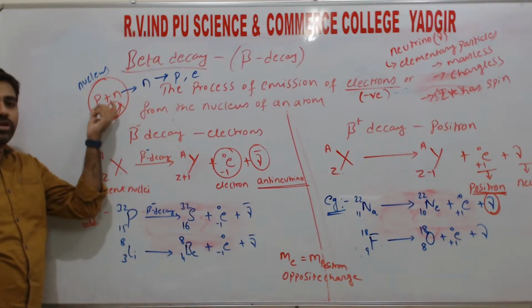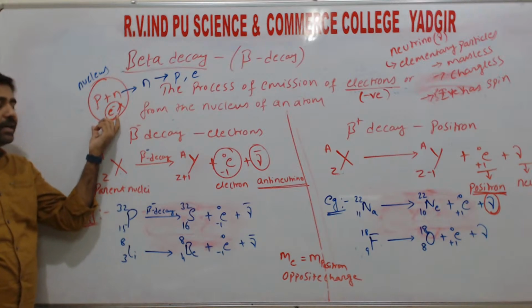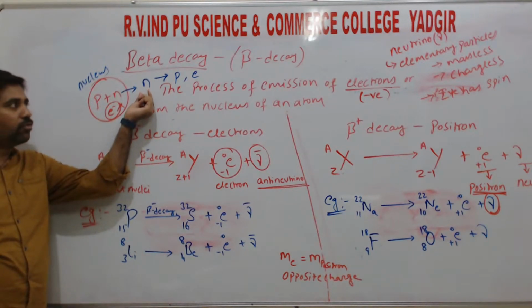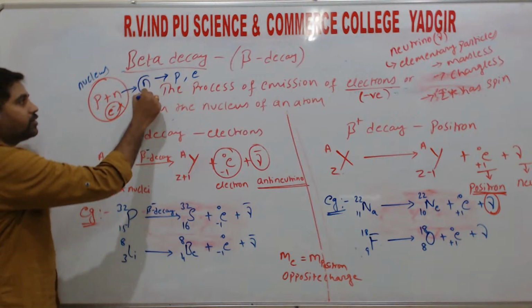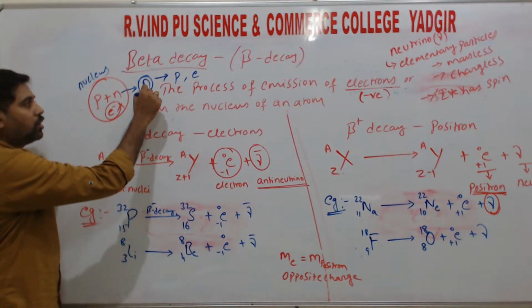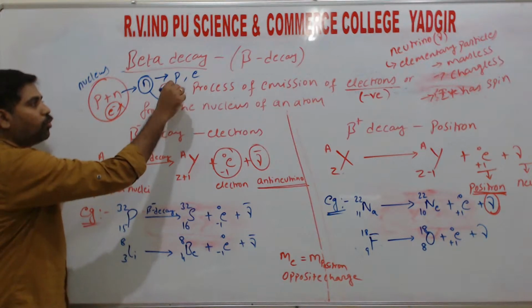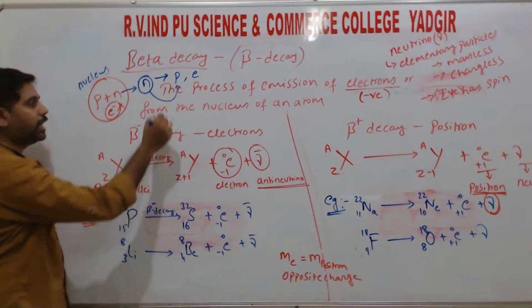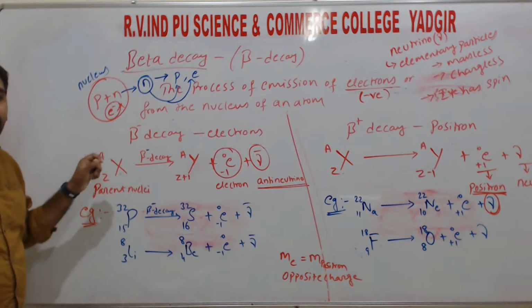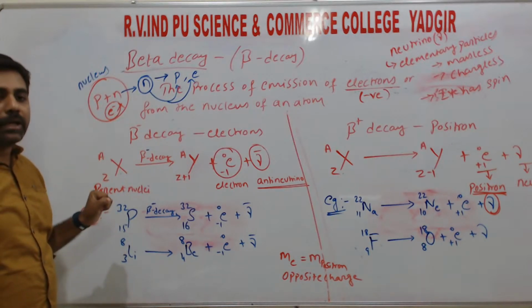The neutron is only stable when it is present inside the nucleus. Once it comes outside the nucleus, the neutron is unstable. For that reason, this neutron decays into a proton, an electron, and an antineutrino particle.